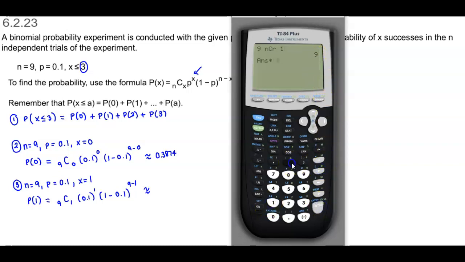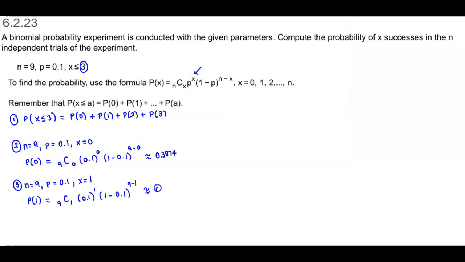Then we're going to multiply that by 0.1 to the power of 1, and that is 0.9. And then we're going to multiply that by 1 minus 0.1 to the power of 9 minus 1, which is 8. And that gives us approximately, again, 0.3874.